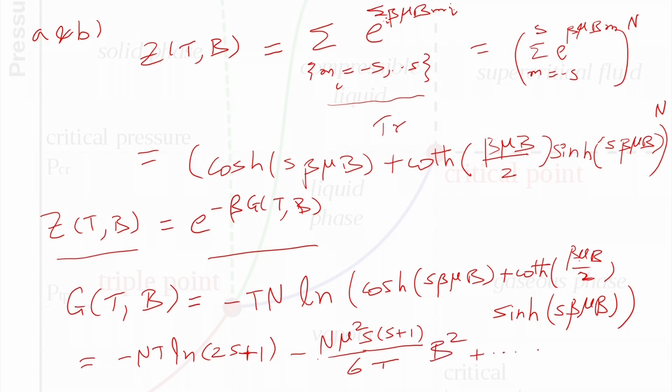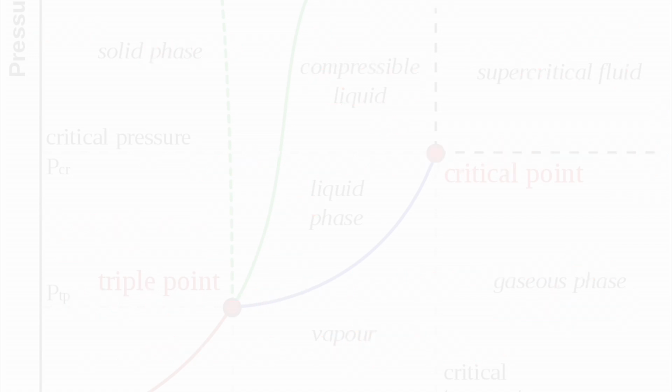Okay, so that's what it looks like when you expand it out. And the magnetization itself is kind of easy to find. Notice that there is an e raised to beta mu B times the sum over i equals 1 to n of m_i.